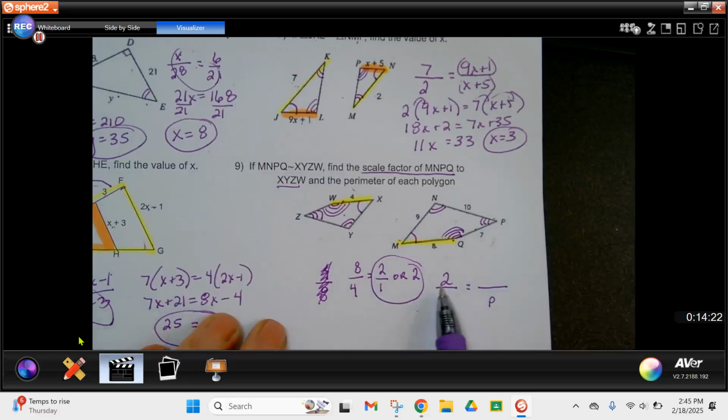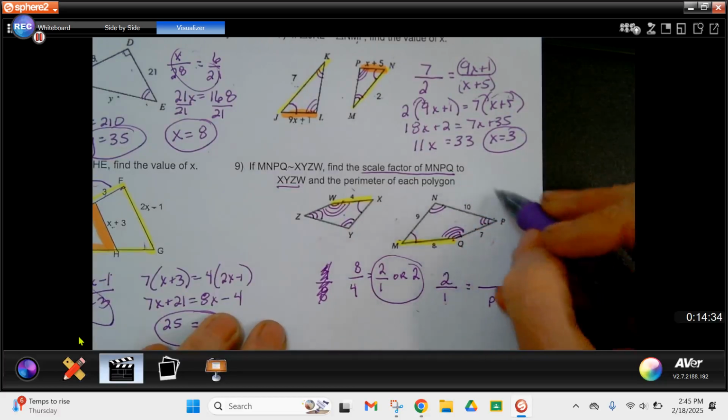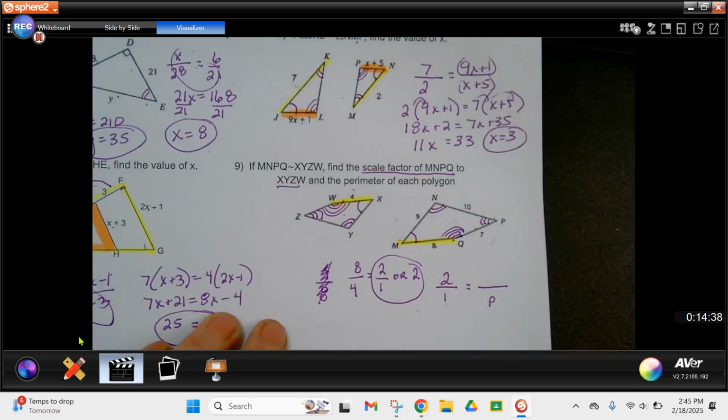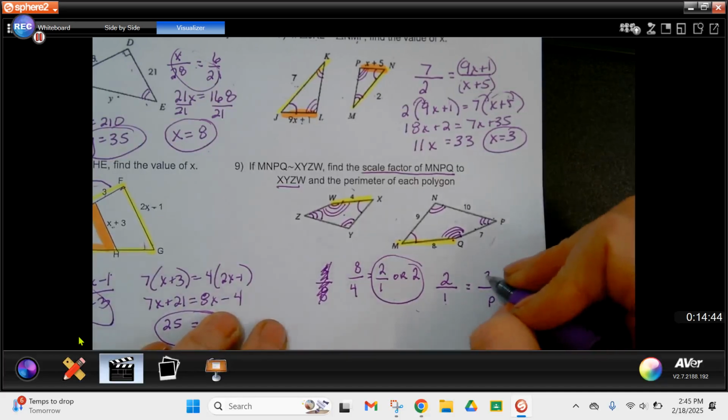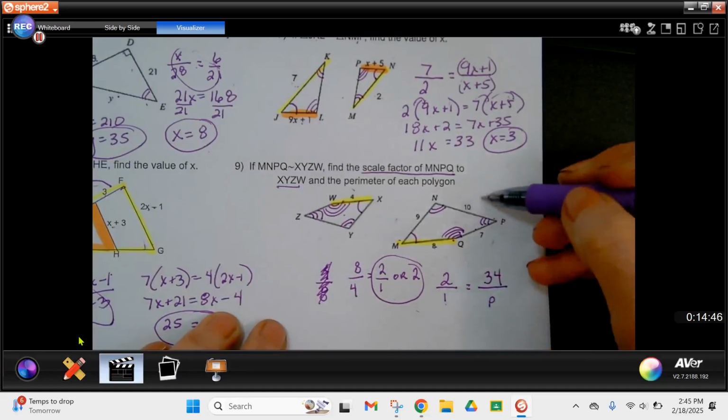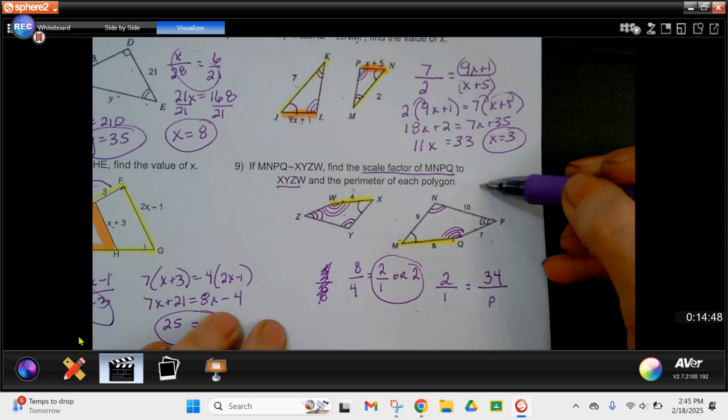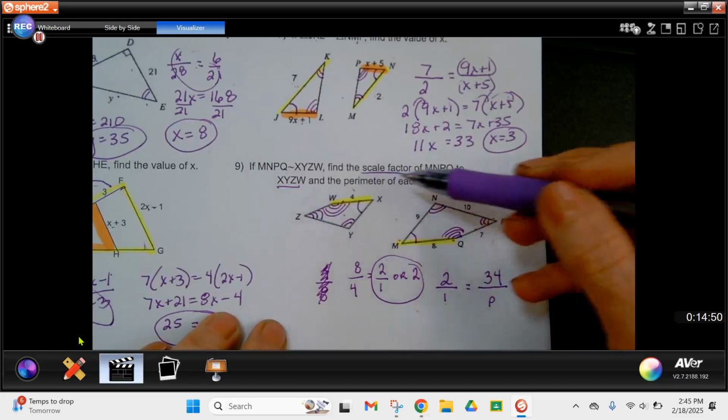So our scale factor, 2 to 1, equals the large perimeter over the small perimeter. The large perimeter we can find by adding these all up. That's 18 plus 16. That's 34. So our large perimeter is 34, and our small perimeter we don't know.